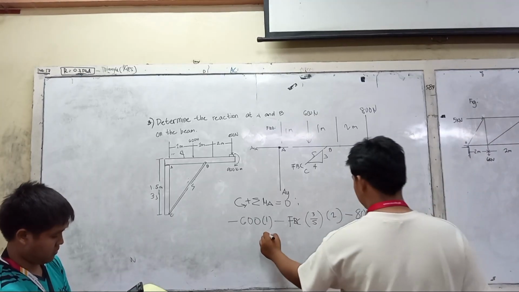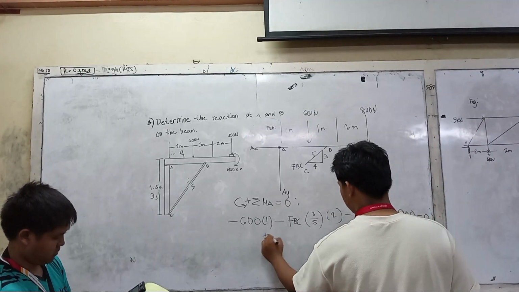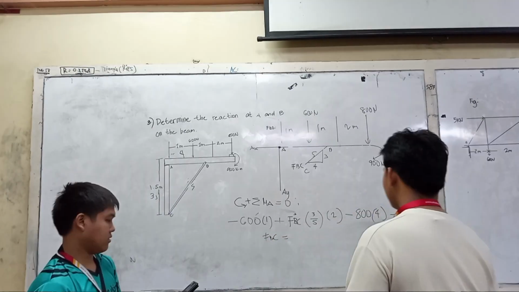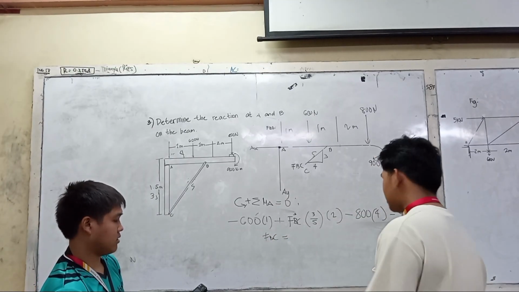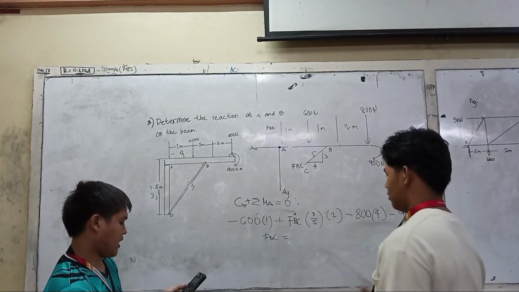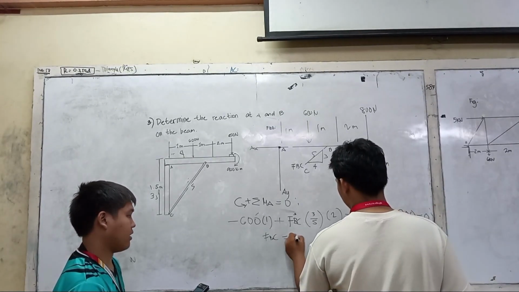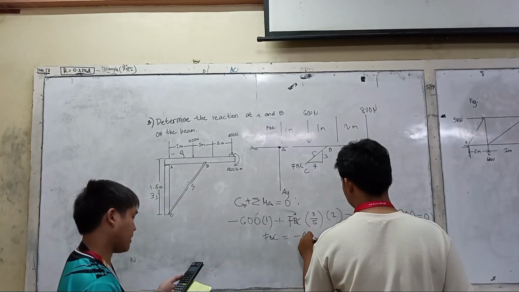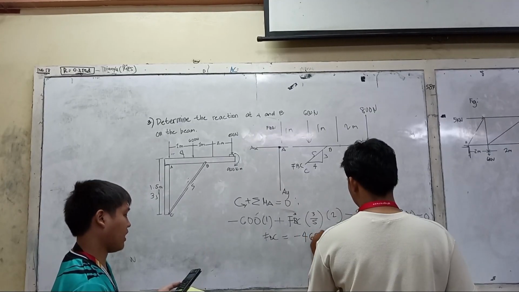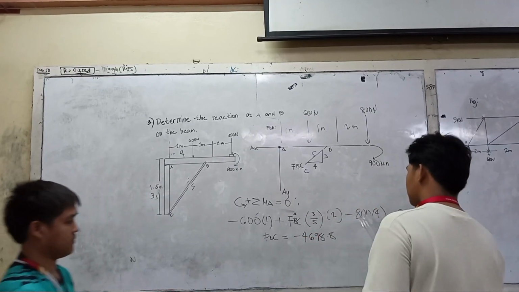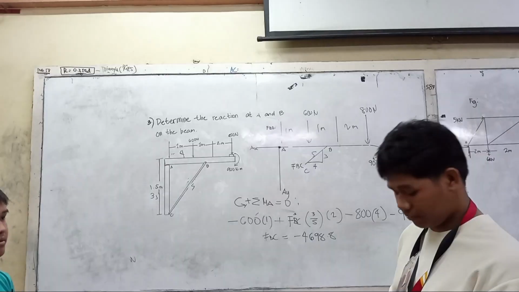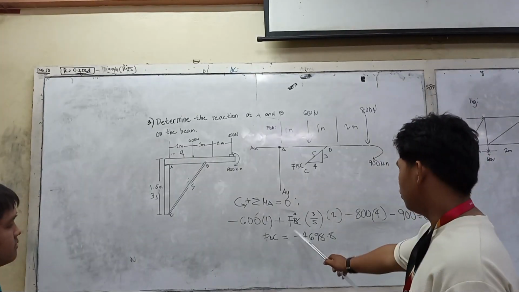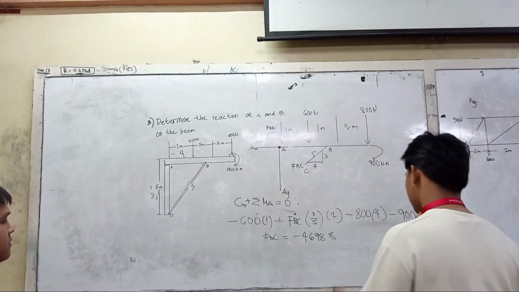The answer is, so the FBC right now is negative 4,698.8. But in statics, you can ignore the negative.